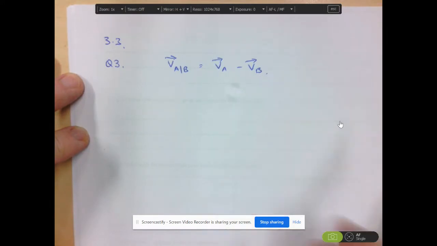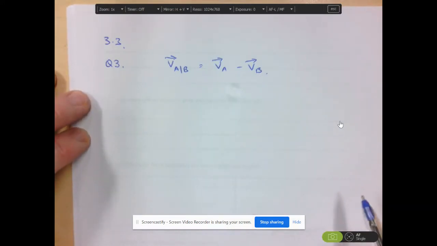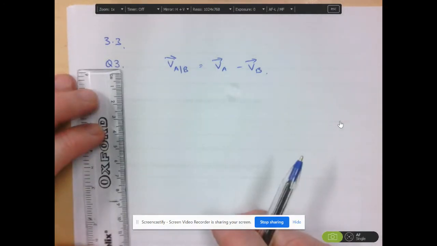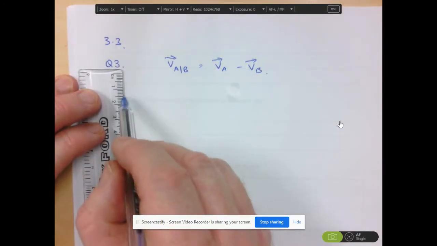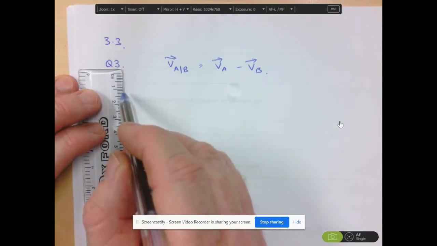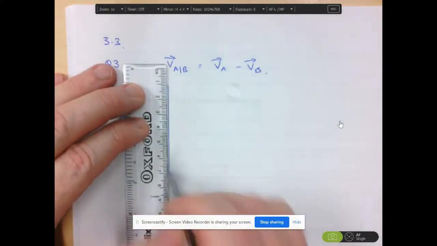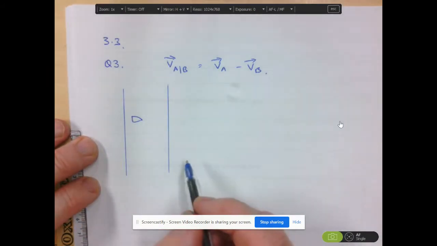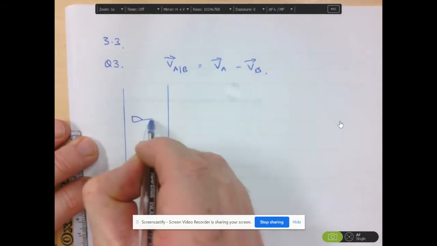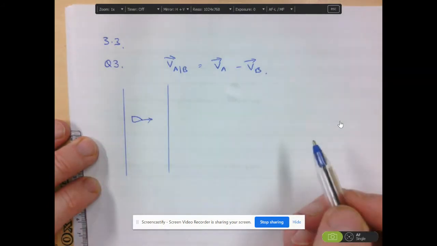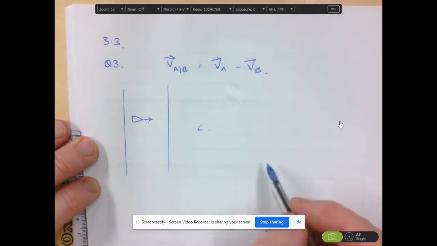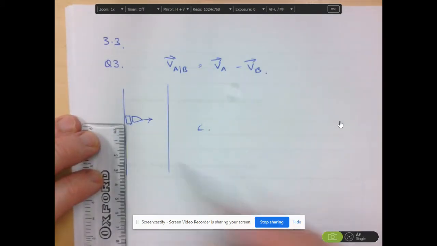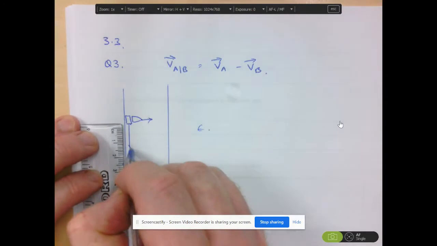Okay, so in this case we've got a boat and it's pushing off from a pontoon. So it's a north-south situation. Here's our river and a boat, and it's going to travel eastward, towards the east over here, and the pontoon is floating and it travels south at this stage over here.